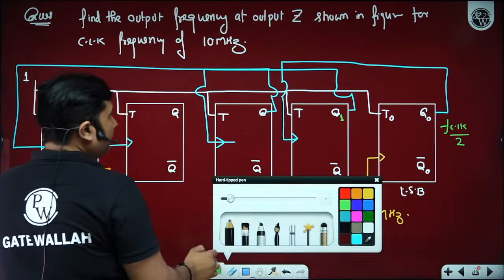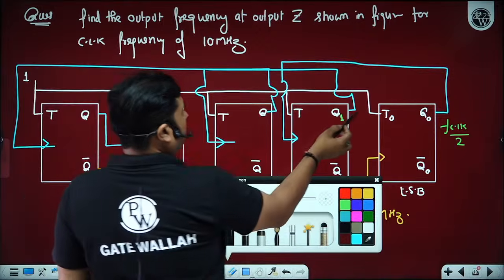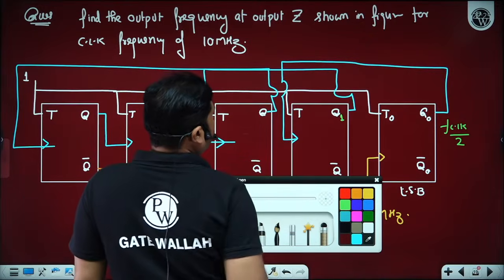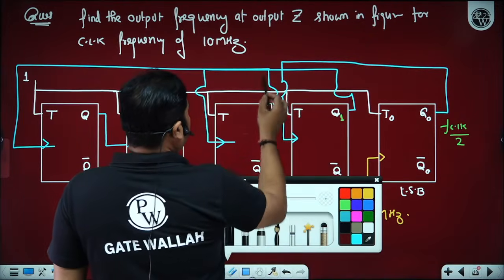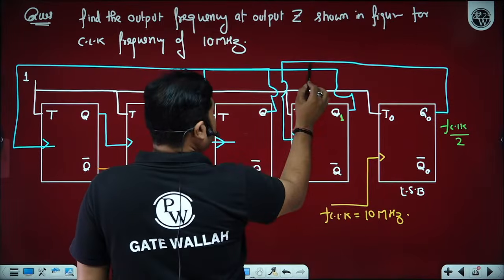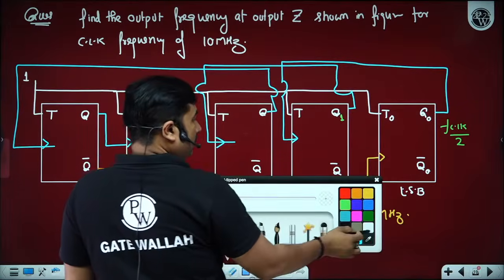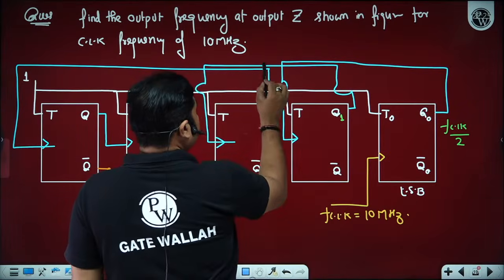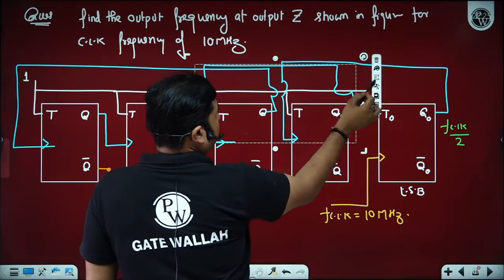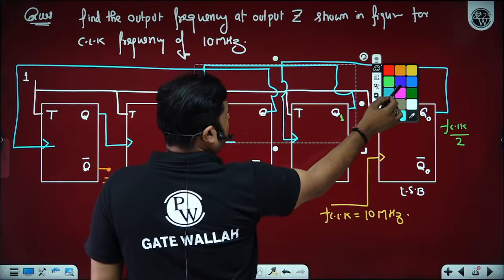Okay. So output Q1 will become clock to the next flip-flop. I'm changing the color so that it can be properly visible to all of you.